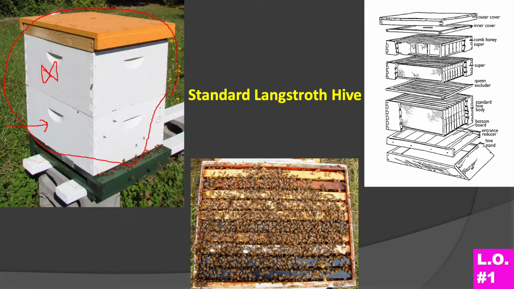As you can see, if you remove the honey super and look down into this bottom box, this is what you will observe. And what we're looking at are bees, of course, on the top of these frames that fit inside the hive. And in just a moment, I'm going to remove one of these frames, and then we're going to look at the frame itself.